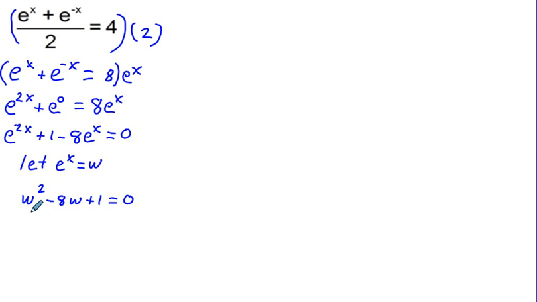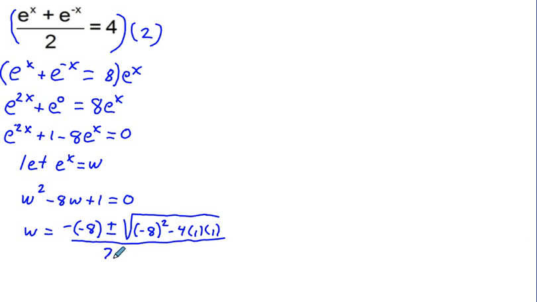And so for this we're going to use the quadratic formula, which is w equals negative b, and b in this case is negative 8. So negative negative 8, plus or minus square root of b squared, and b is negative 8, minus 4ac, and a and c are both 1, and this would be over 2a, and a is 1.